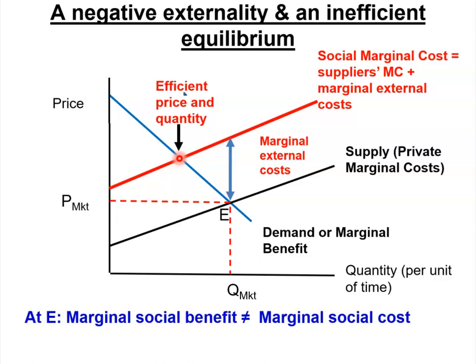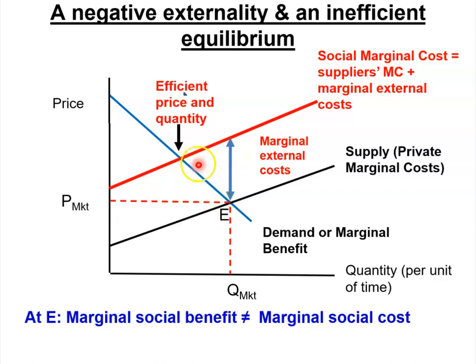So let's just think about what those extra costs are, the nature of this inefficiency. Turns out we can measure it in dollars, because essentially what we've done is we've incurred these extra costs as a society, as shown by the red line, and all we've got for that are these extra benefits shown by the blue line.